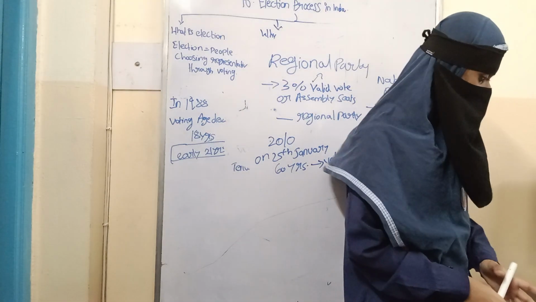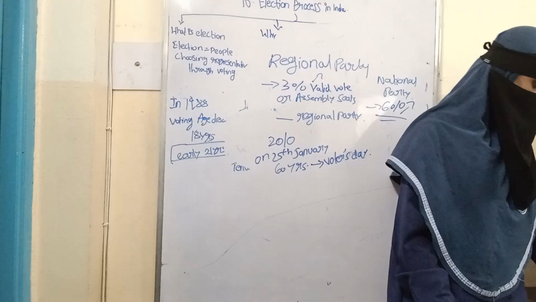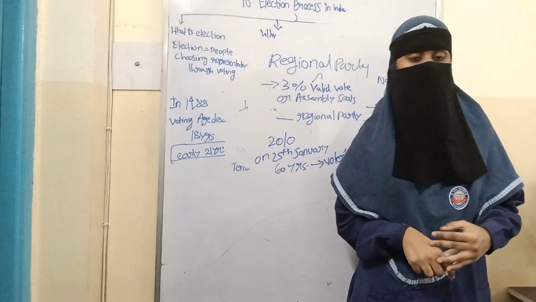And the first general elections were held in 1952, and at that time the literacy rate was only 12%.